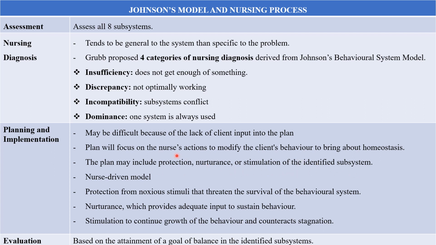So that functional aspect the nurse will be seeing. It's a nurse-driven model. Protection from noxious stimuli that threaten the survival of the behavioral system. Nurturance which provides adequate input to sustain behavior, and stimulation to continue growth of the behavior and counteract stagnation. So these are the main things we will be doing in planning and implementation.